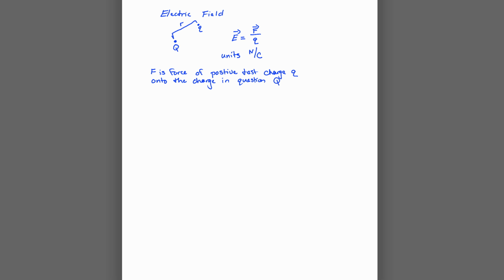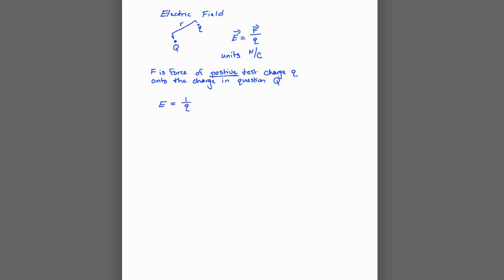So to calculate the magnitude of the electric field due to our charge in question, capital Q, at some distance away, which we're calling R, we are looking at whatever charge that little test charge has times the force between the two charges.